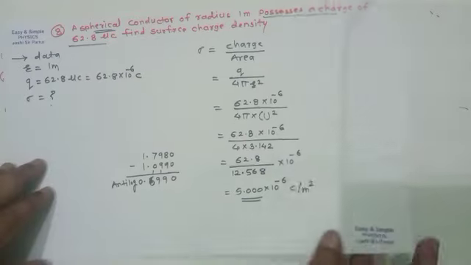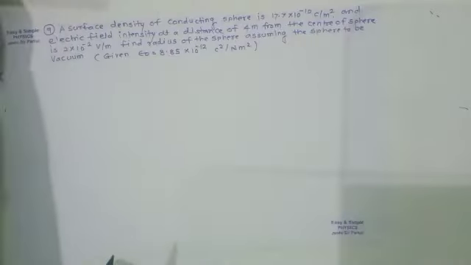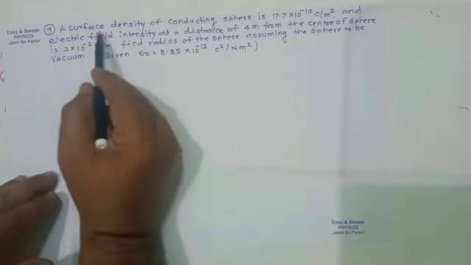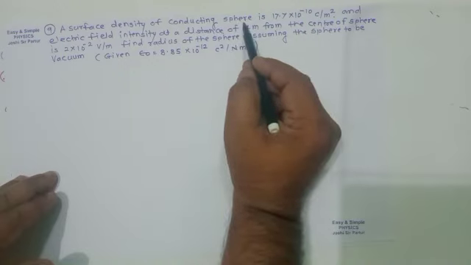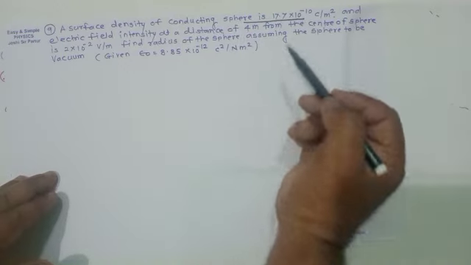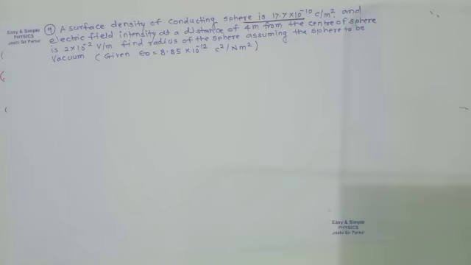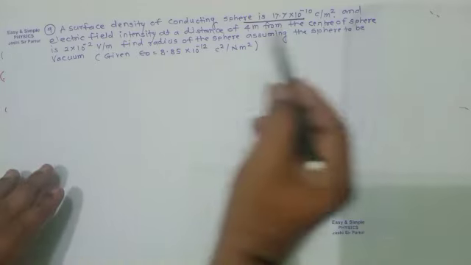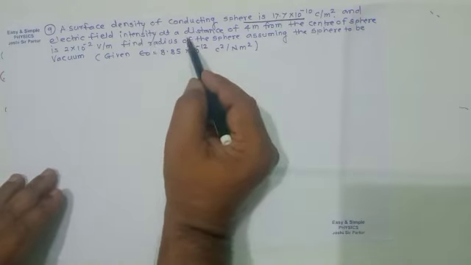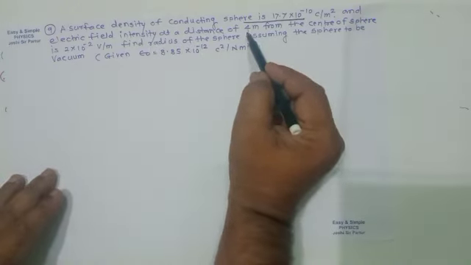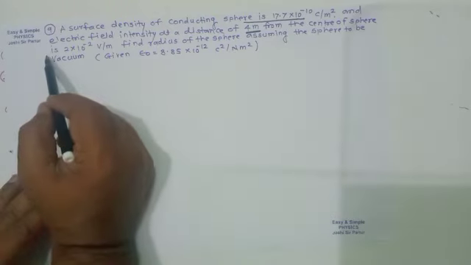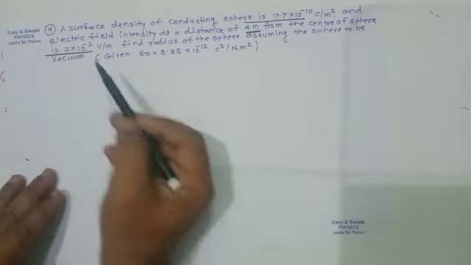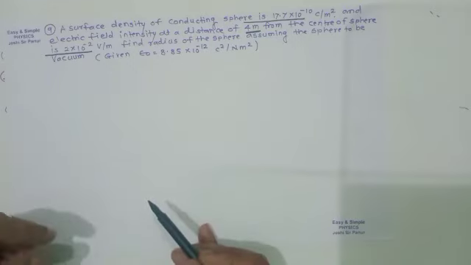Again, if we solve another example: the surface density of a conducting sphere is 17.7 into 10 raised to minus 10 coulomb per meter square, and the electric field intensity at a distance of 4 meter from the center of the sphere is 2 into 10 raised to minus 2 volt per meter.